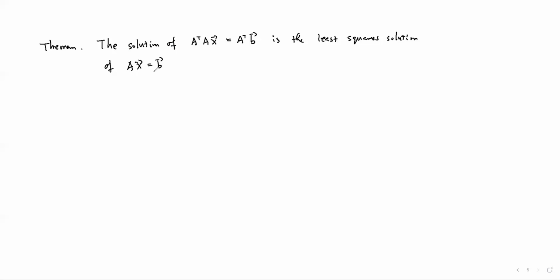How to find x so that left side and right side have the smallest distance? Solve this equation for x. That x is the answer.